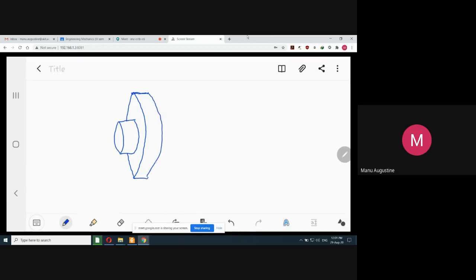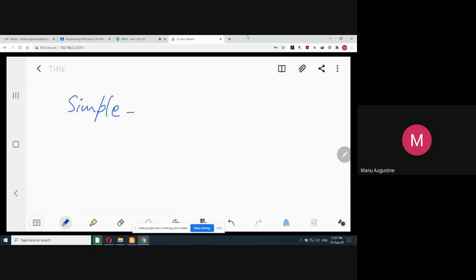And if you pay attention, even the previous models of pulleys and axles or wheel and axles that we have studied, they are also basically stepped pulleys. For example, the first category of wheel and axle was the simple wheel and axle. Now, please mind it that I have deviated my talk a little bit from the actual topic of discussion, that is Weston's differential pulley.